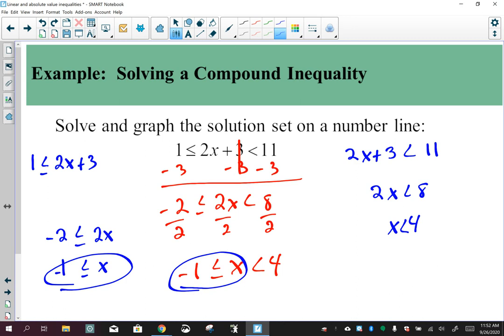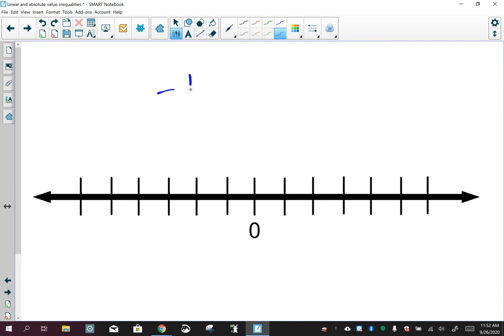My fault. So again, you can do it in one big swoop like this, or you can do it in two separate parts. Now, once you have this done completely, I've got -1 is less than or equal to x, which is less than 4.